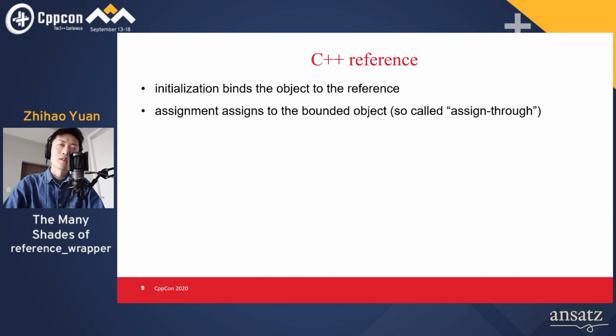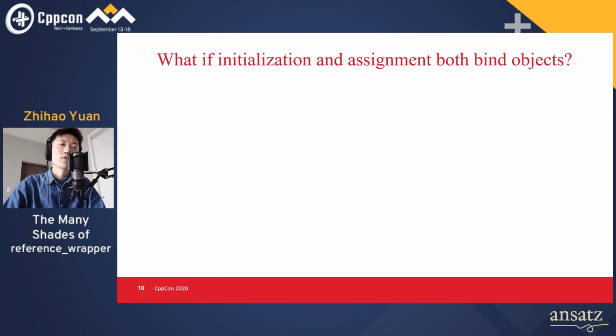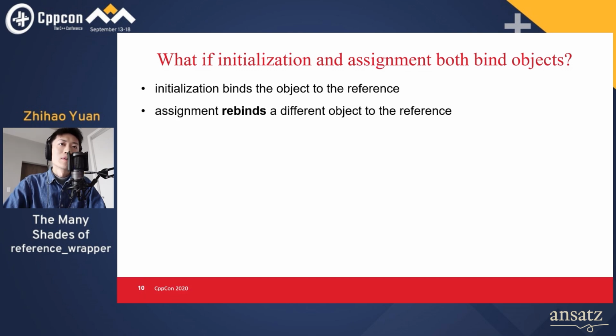Now, think about this. What if we have initialization and assignment both binding the object? So initialization binds the object to the reference, and assignment rebinds a different object to the reference, just like Python or Java, without garbage collection, of course.